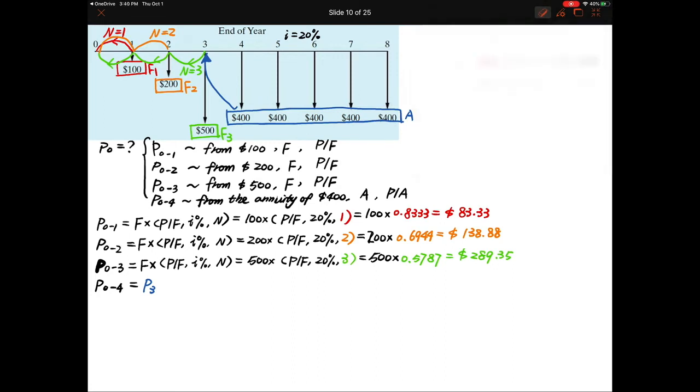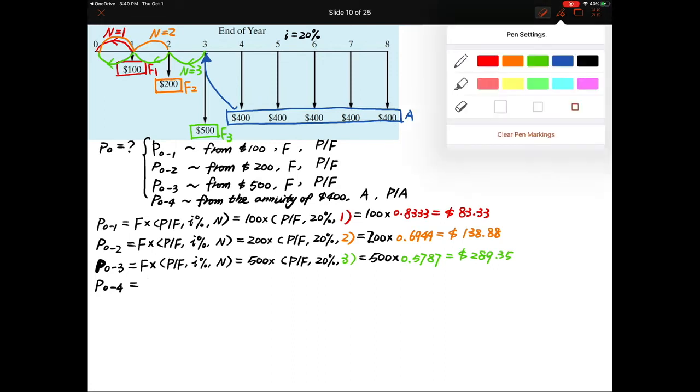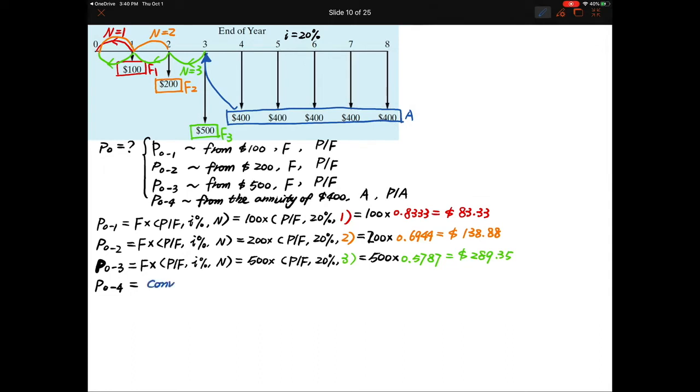So the first thing is you find out P3, or you convert annuity to equivalent value at the end of year 3, and that value could be called P3 because compared to the year 4 it's a previous time, so it's a P3.